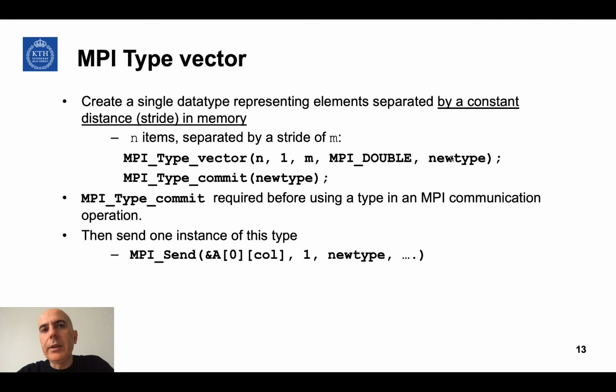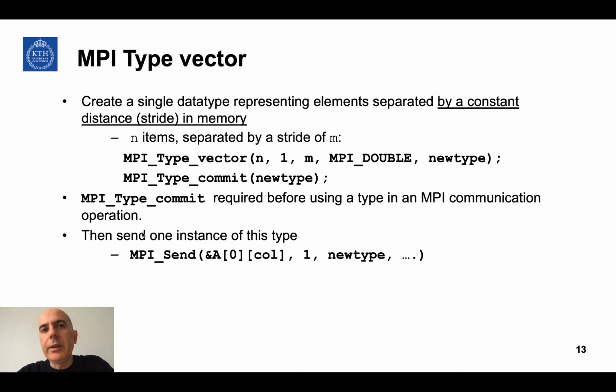After we define it, we need to actually commit the new type. Keep in mind that MPI_Type_commit is required before using a type in any MPI communication operation. So we need not only to use MPI_Type_vector to define it, but also to commit it before doing communication.